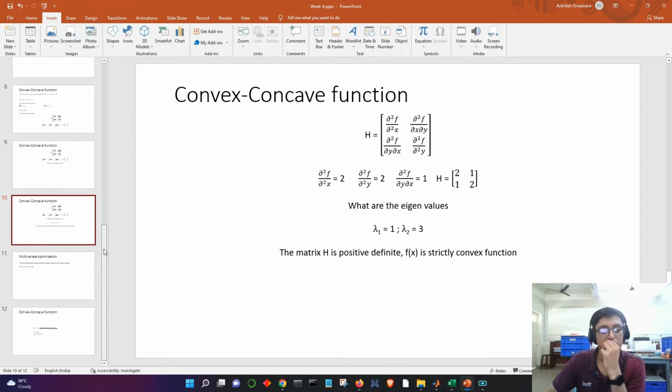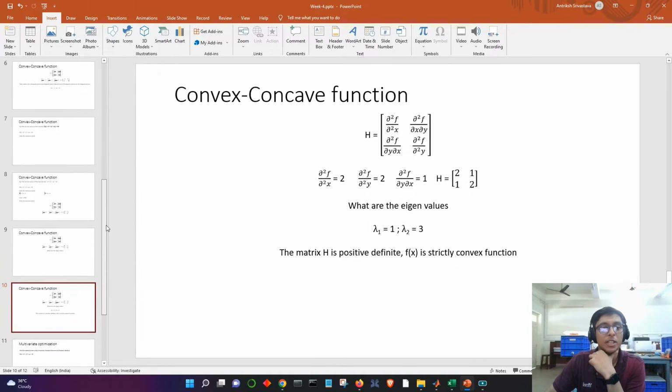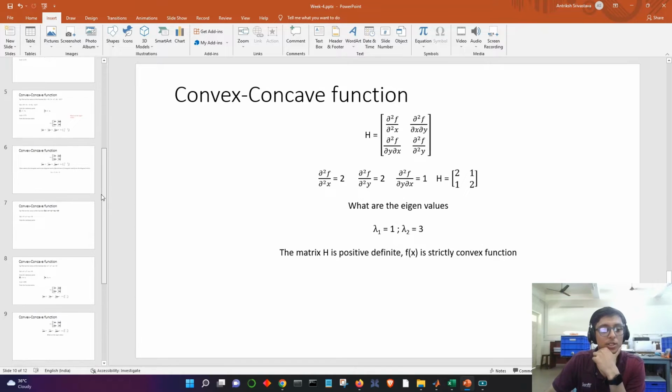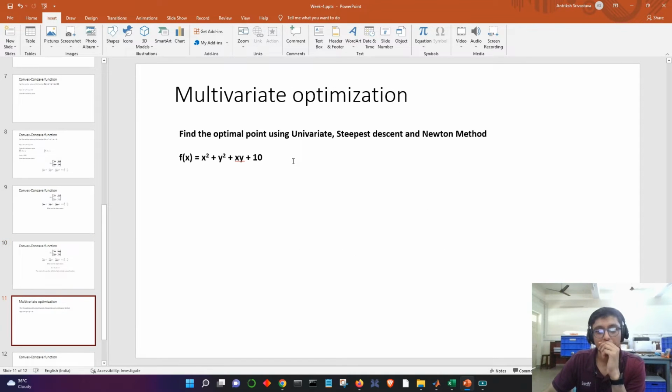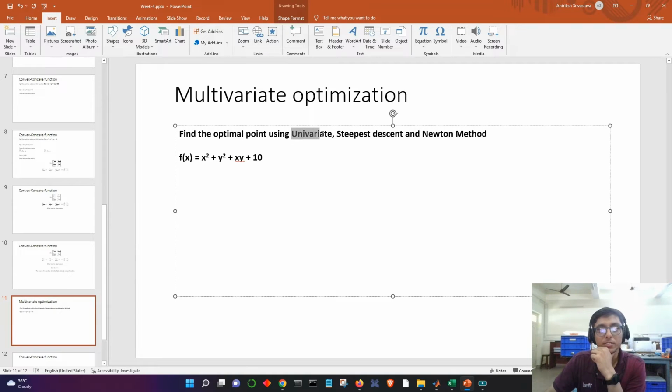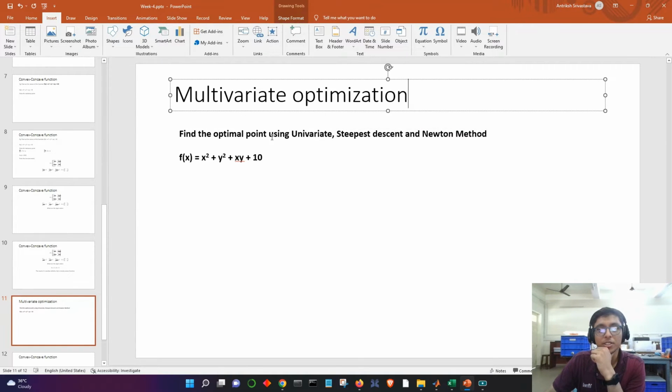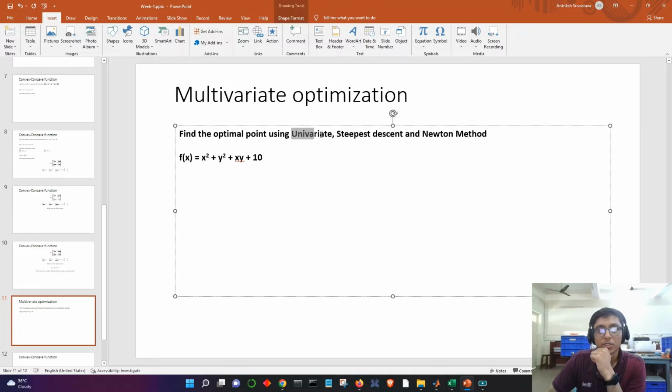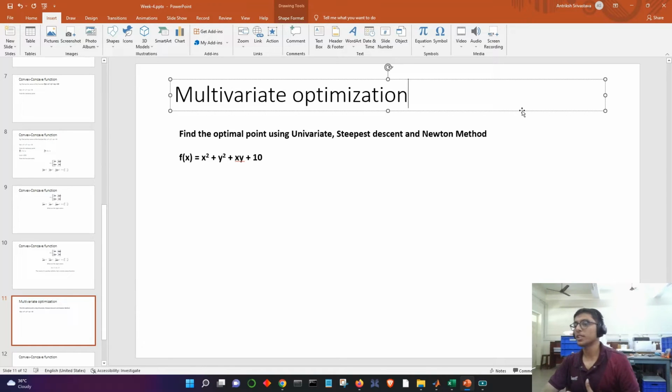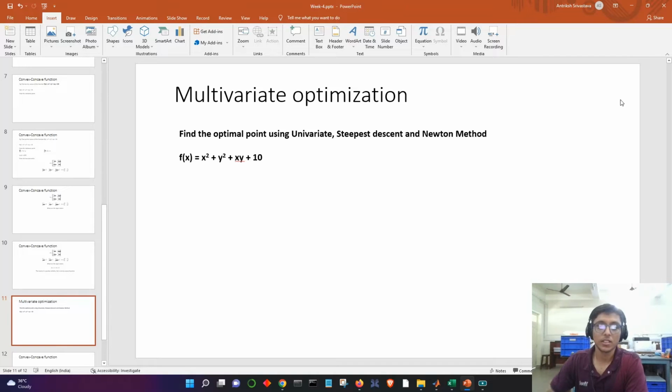Okay. Now let's go to the main problems. We'll use this same function and try to solve it. In this lecture, I will solve it using univariate and steepest descent. Step by step we'll solve it, so that you can get a feel for how to solve this particular question.